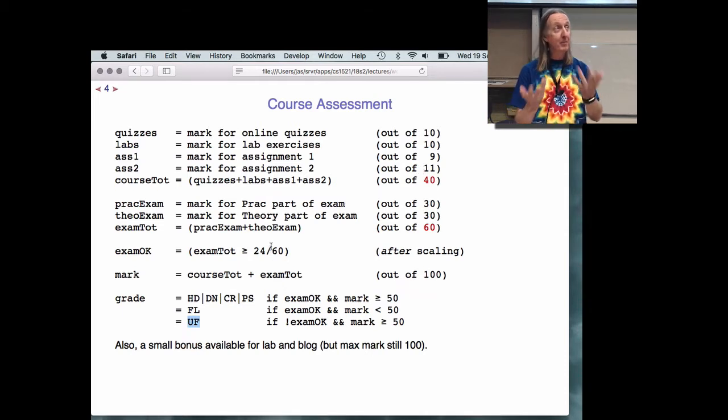But if you scrape past the exam hurdle and you want a few more marks, there's also a little bonus for the lab work. So if you do all the labs and you get all A pluses for them, then +1. If you do most of the labs and you get decent marks for them, it might be a smaller bonus.